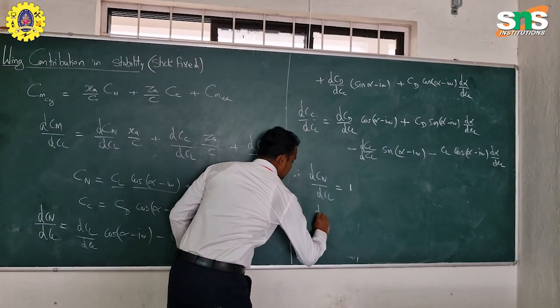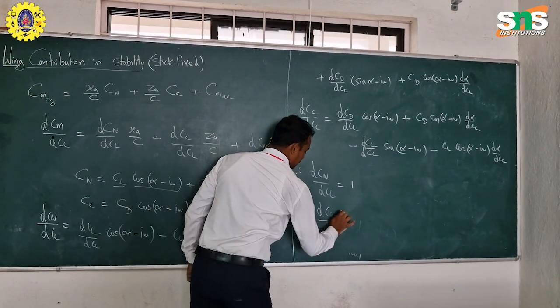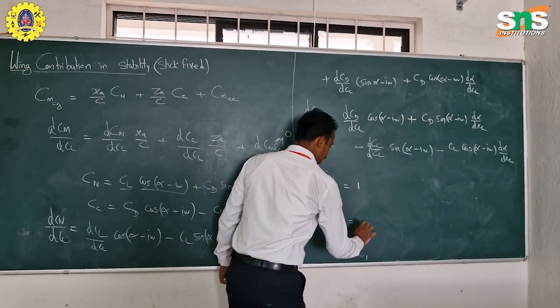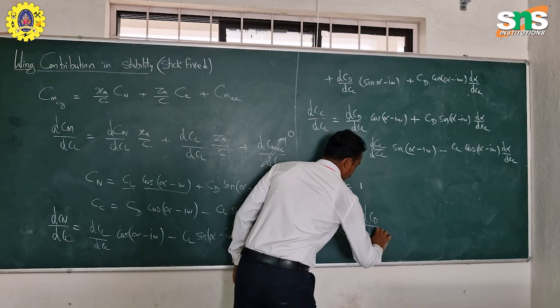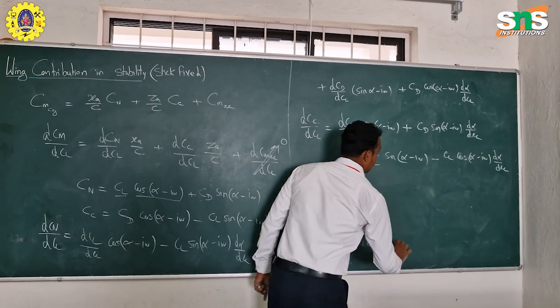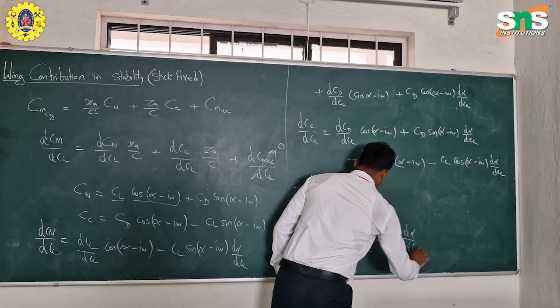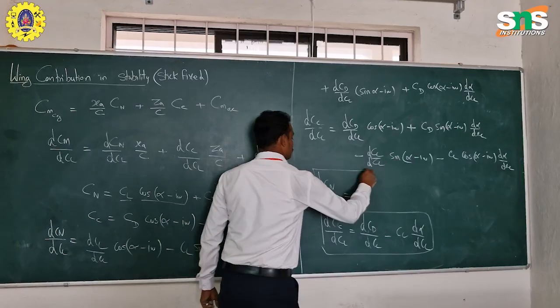Whereas dCc by dCl equals dCd by dCl, since drag is very important in this calculation, minus Cl d alpha by dCl. So we get these two terms.